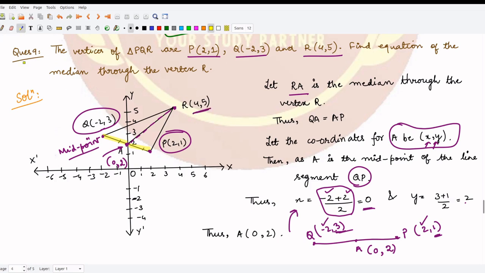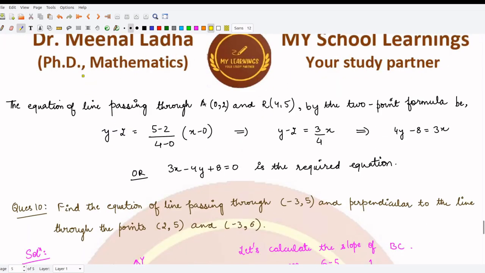So you can very easily calculate the equation of RA using the two-point form, because you now know the coordinates of R as well as A. The equation of the line which passes through A and R is obtained using the formula y minus y1 equals (y2 minus y1) divided by (x2 minus x1), times (x minus x1).